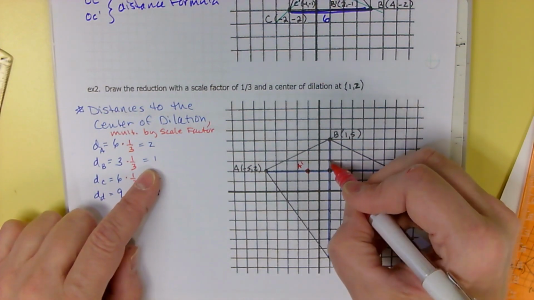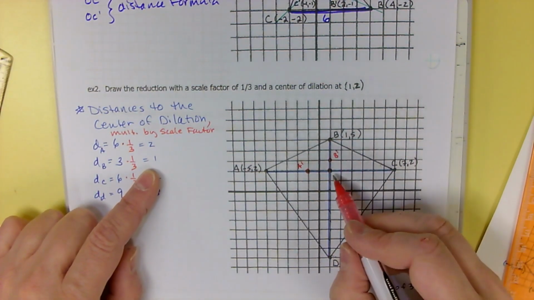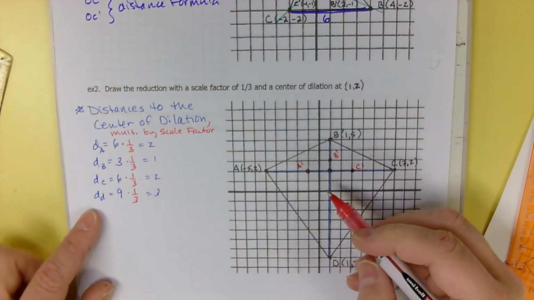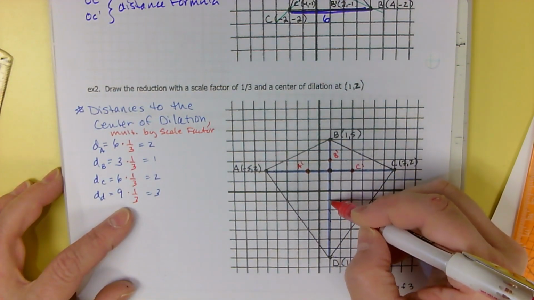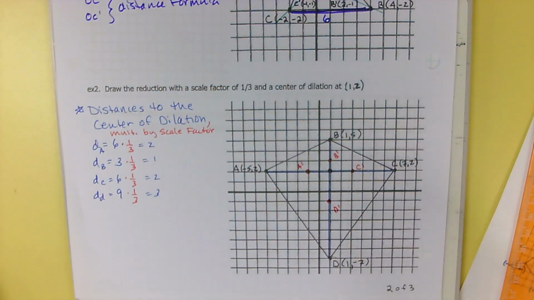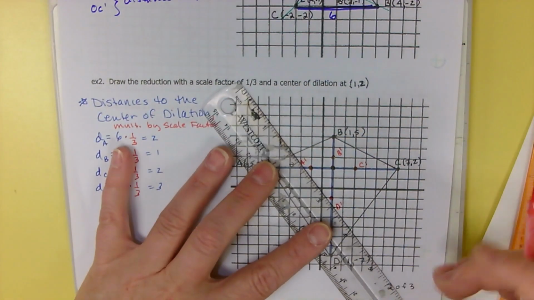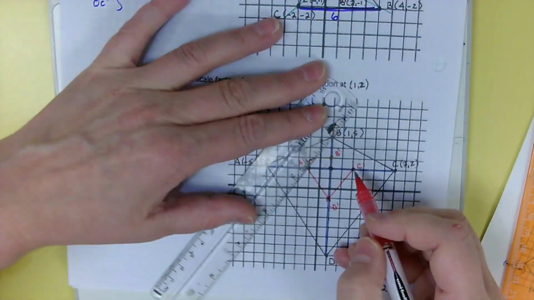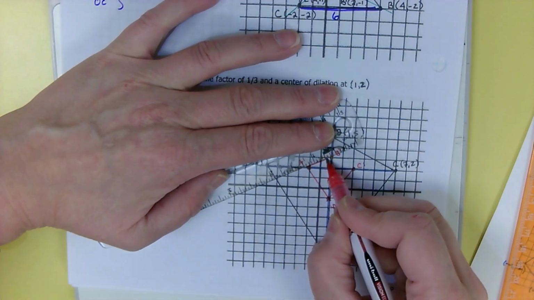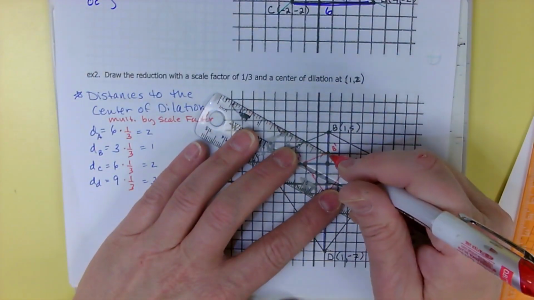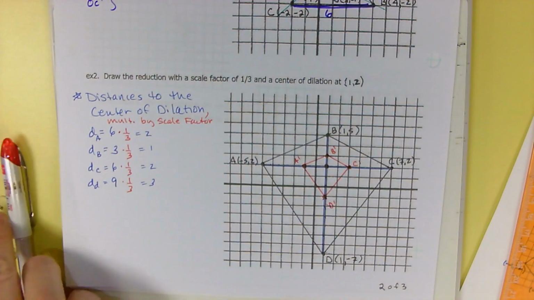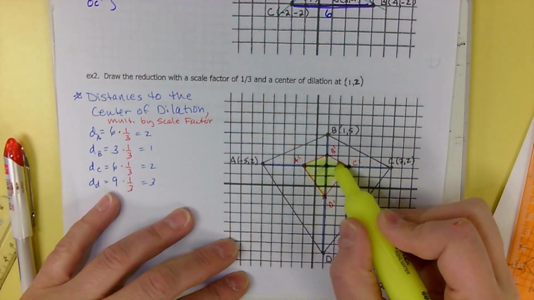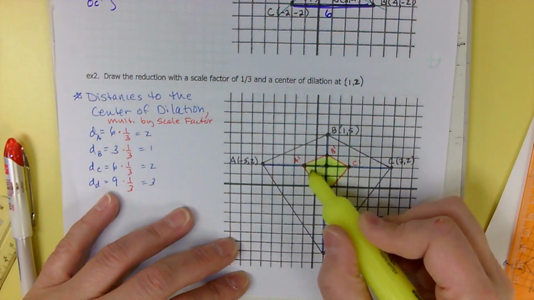Distance to B, count 1 space, that's B prime. Distance to C, count 2, that's C prime. And distance to 9, count 3. 1, 2, 3. That would be my D prime. And connect. Should be the same size and shape as the original, just a third the size.